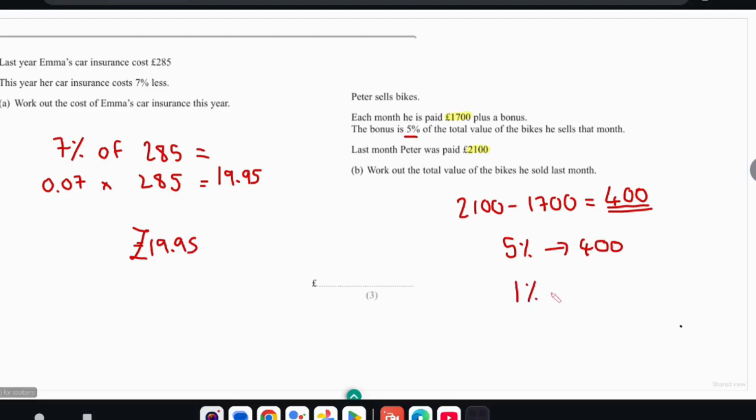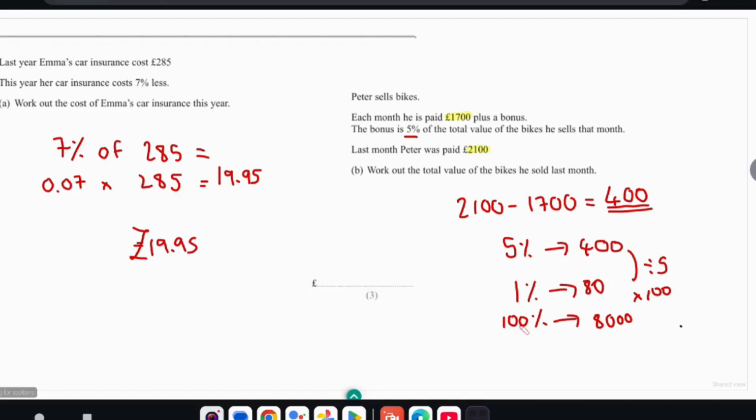Let's get 1% now by dividing 5% divided by 5 will give you 1%. Let's divide this by 5. And now let's get our 100% by timesing it by 100. So £8,000.